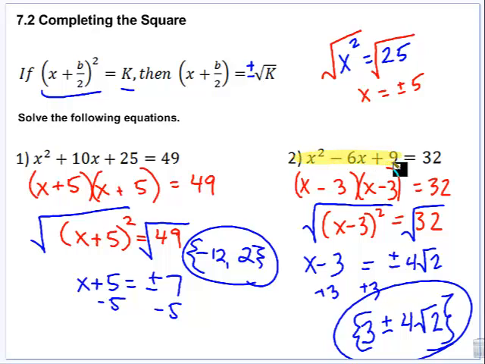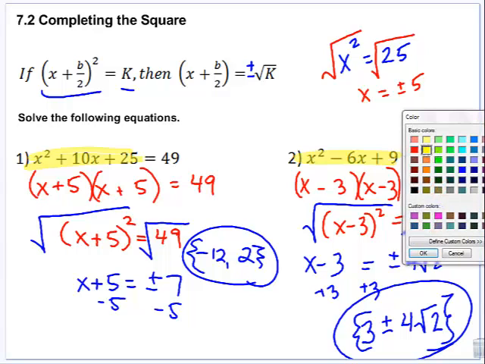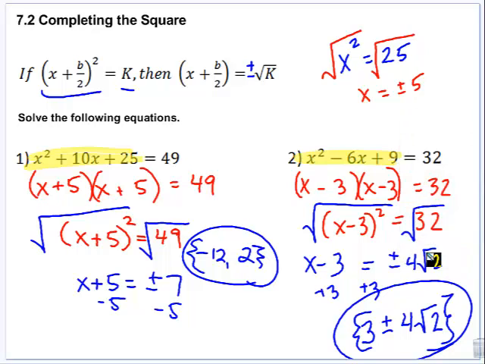Take a look at the negative 6 and the 9 and the 10 and the 25 and see if you can come up with a way they're related to each other in the same way. Well, if you look at the 10, if you take the 10 and divide it by 2, you get 5 and 5.